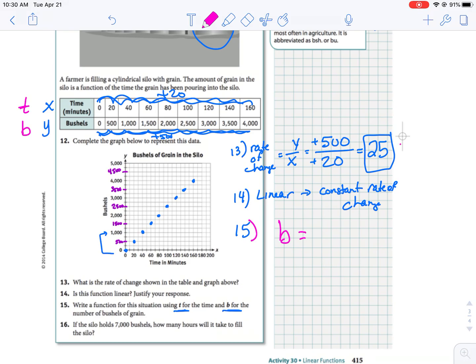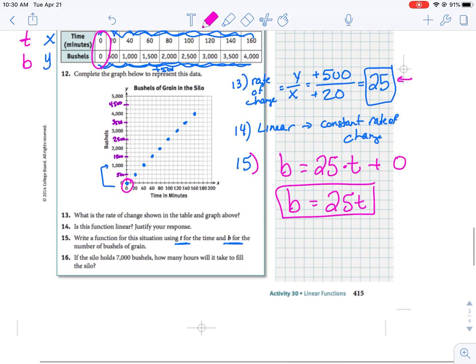Remember, it's rate of change, which we found was 25, so it's going to be 25 times x, but we can't use x, we're going to use t, so 25 times t, or just 25t, and then it's plus the starting amount, and if we look back at the table, we'll see that that starting amount was 0, or if we look back on the graph, we can see that starting amount is 0. So we could either write equals 0 or plus 0, or we could just go ahead and say b equals 25t.